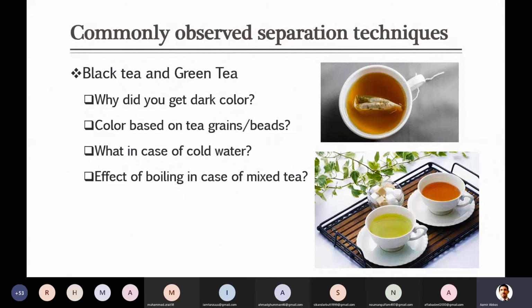And all those who like tea know that we have to cook it for a long time. Not the whole day, but if you cook it for a very short time, it is not that good. Do you agree? Yes, sir, definitely. So why does that happen? Because the mixing is not good and the extraction is not that much. So can you tell me which separation technique is involved in this case?